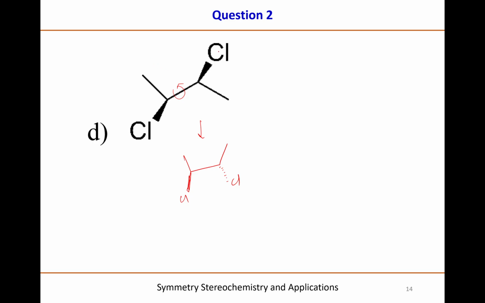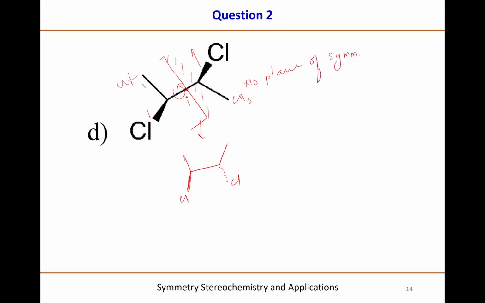Still, if you think about this molecule and pass the plane, again these are not mirror images of each other, because here Cl is downside but here it is upside, correct? Both the methyl groups are opposite to each other. So here a center of inversion is present, but there is no plane of symmetry. No plane of symmetry.